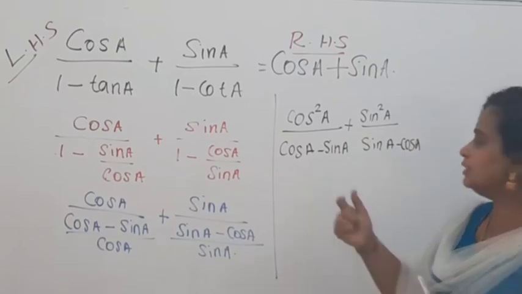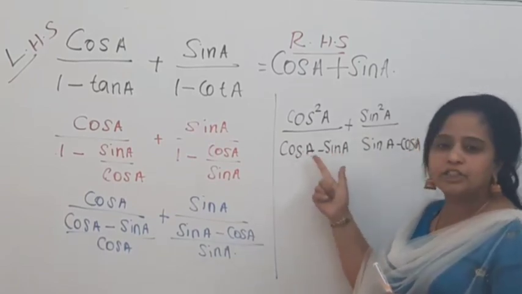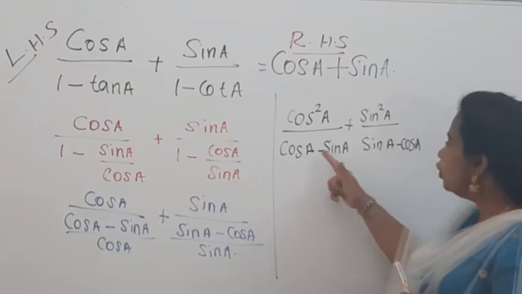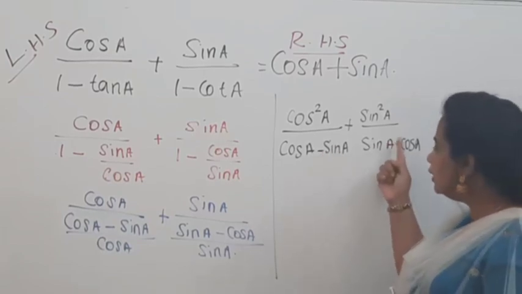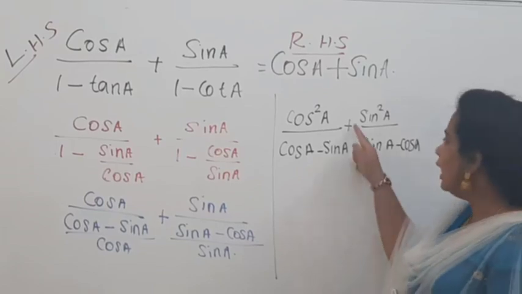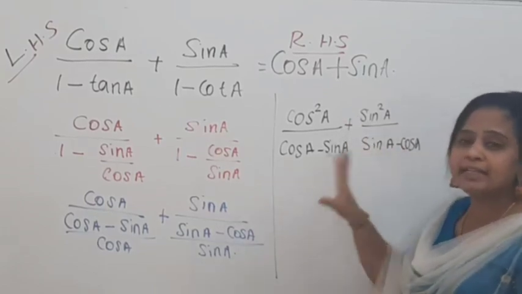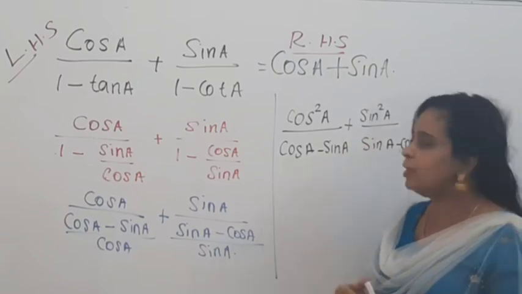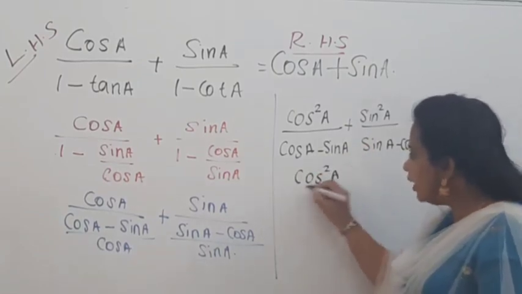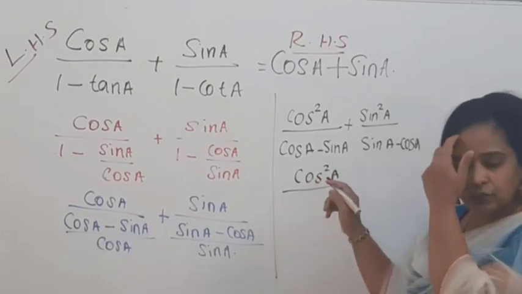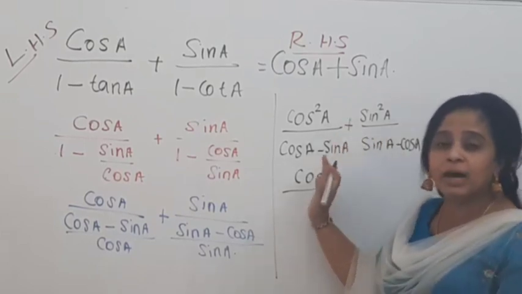Now the second tip is, you can see that the same ratios are used, but only the signs are different. So what you have to do is take out the minus and bring your denominator the same. That is the second tip. So I do cos square A divided by, I am not touching the first one, I always touch the second one, because I am taking out the minus.